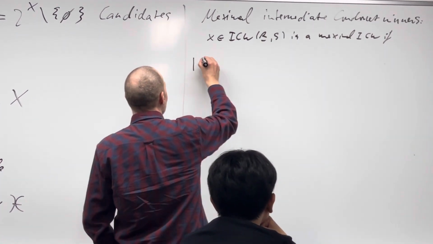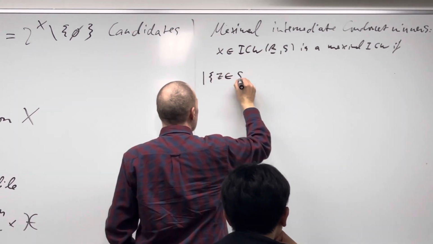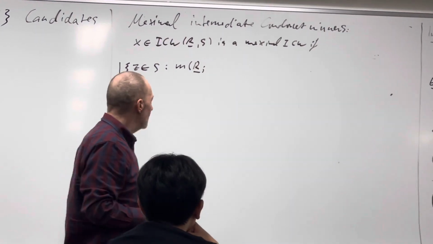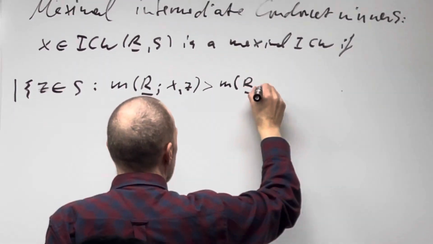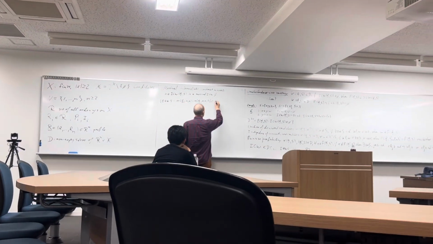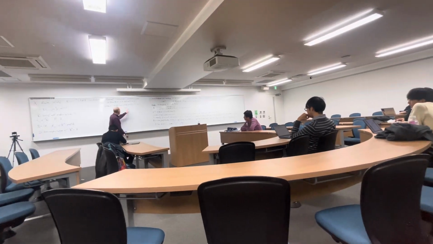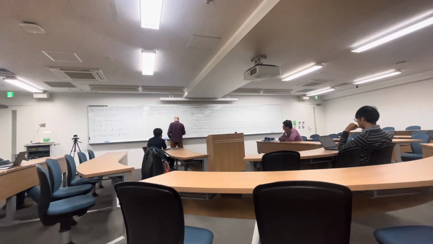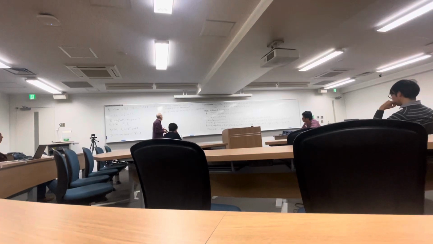It is, if you look at the number of candidates z in S such that the majority score of x against z is greater than the majority score of z against x, is greater than or equal to the same expression, which I don't write out again, where x is replaced with y for all y in the set of intermediate Condorcet winners. So that's what we mean by maximality, right?